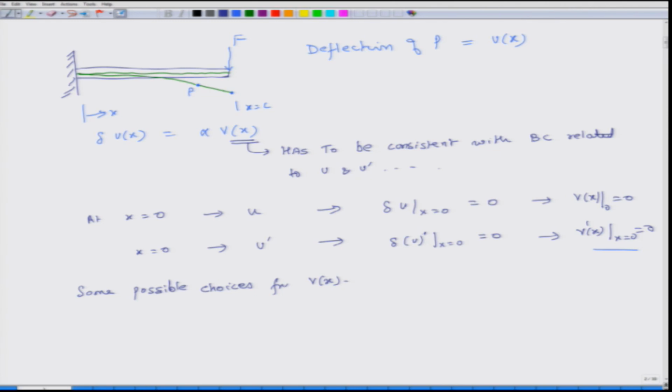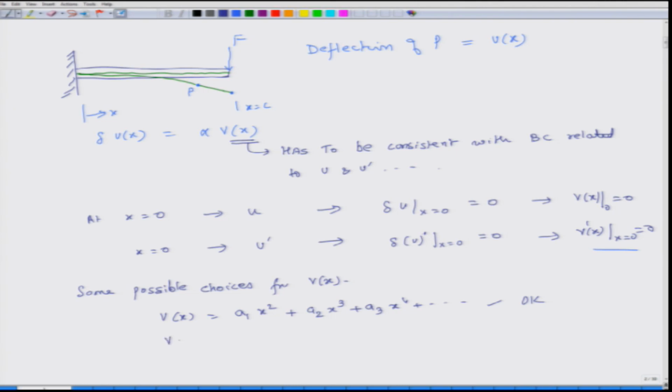So, v of x could be a1 x square plus a2 x cube plus a3 x4, this could be one choice. At x is equal to 0, v is 0, so it meets our condition. Its derivative is also 0 at x is equal to 0, so it meets that condition too. So, this is okay.